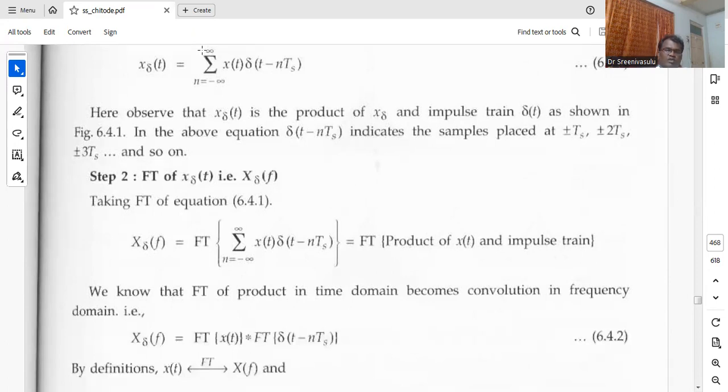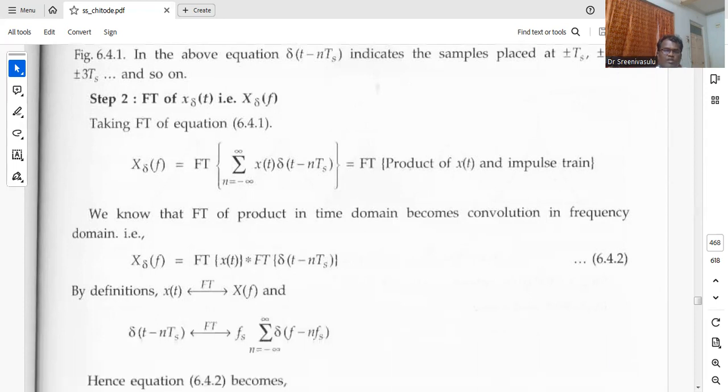The Fourier transform of x of t is x of f.